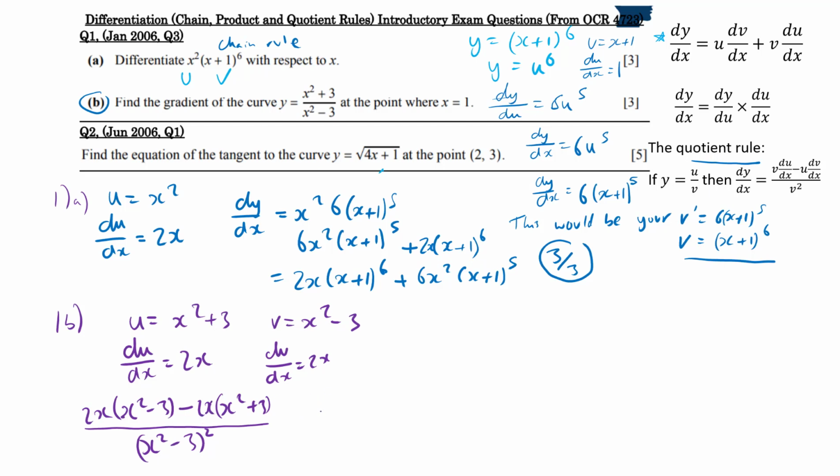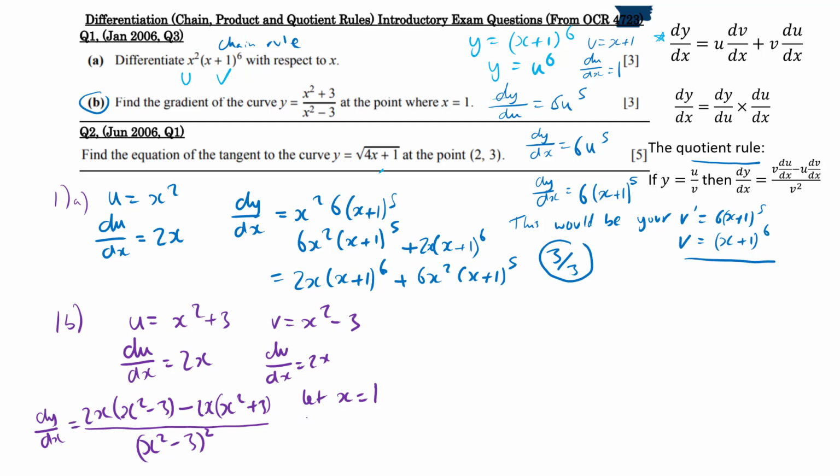So technically I don't see why you'd need to simplify that. Just let x equal 1. Anyone got an answer yet? I haven't substituted x yet. But you got this. That's good. So we substitute 1 in.